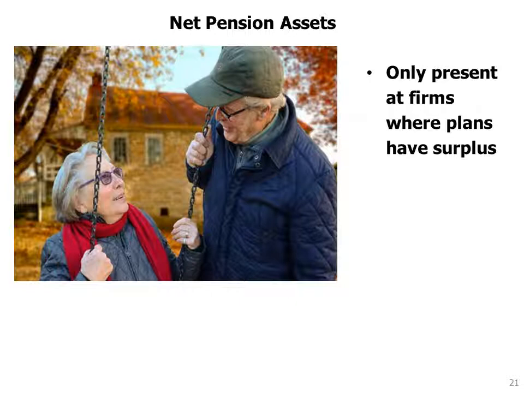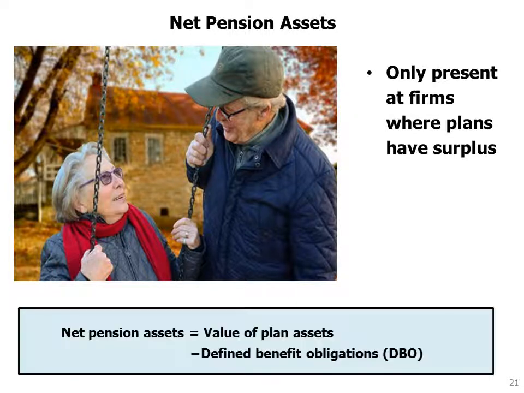So the pension plans are an off-balance sheet item whereby the company guarantees certain benefits to its employees post-retirement, and there are assets which have been invested to help meet those liabilities. Where those assets are greater than the present value of those liabilities, the firm has a surplus. And that surplus is reported on the balance sheet as a net pension asset.